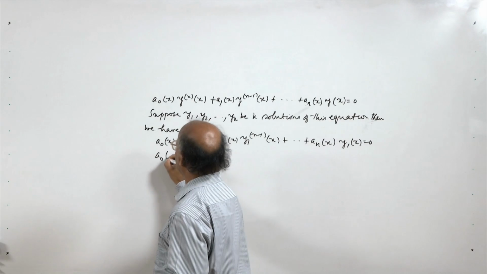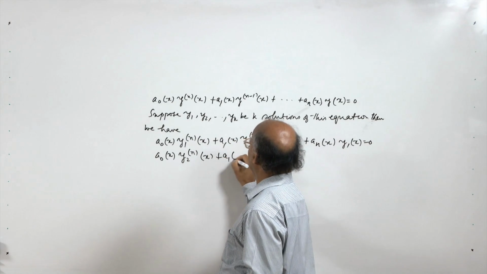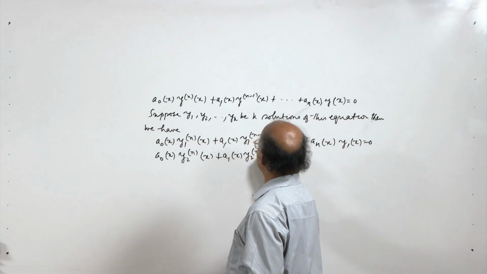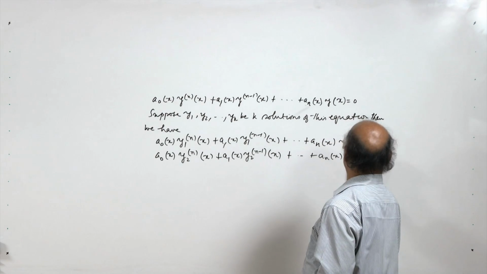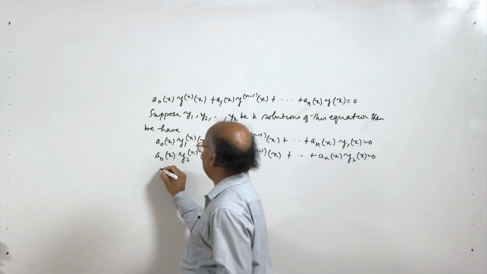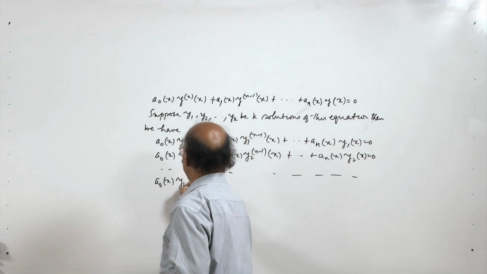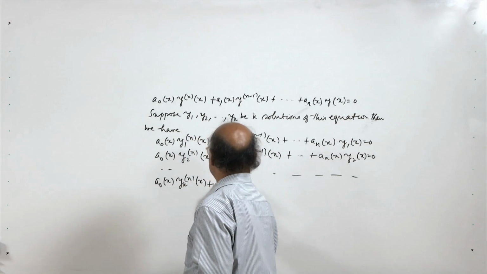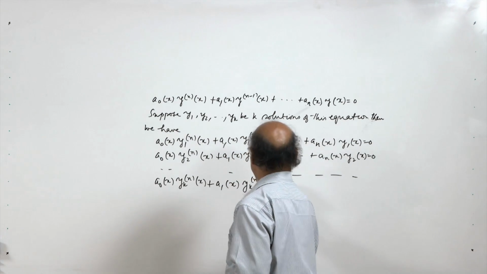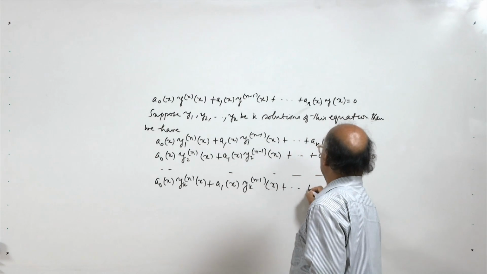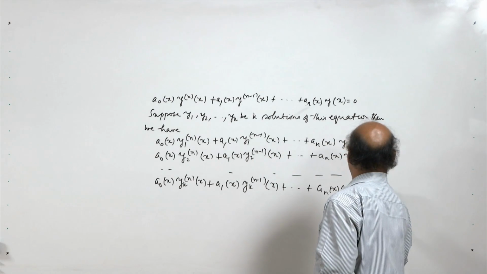Similarly, for the function y2(x) we will have the same equation, and we can write in a similar manner the kth equation: a0(x) yk^(n)(x) plus a1(x) yk^(n-1)(x) and so on, an(x) yk(x) equal to 0.